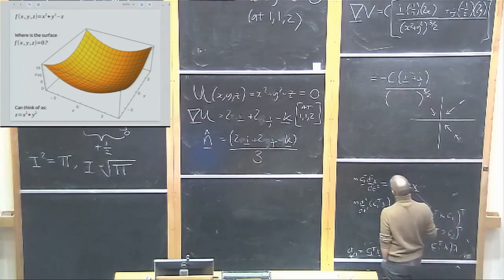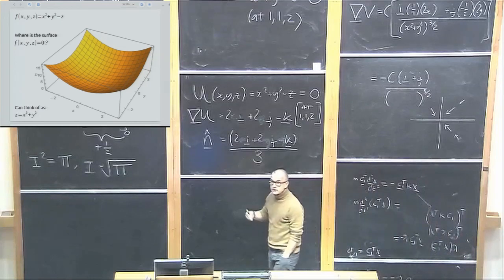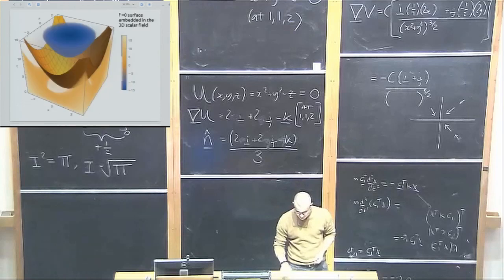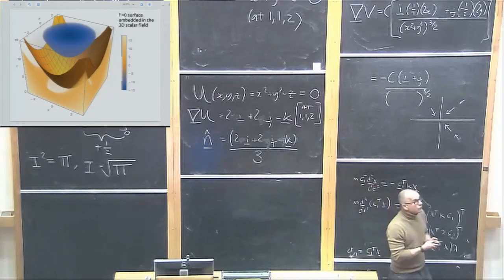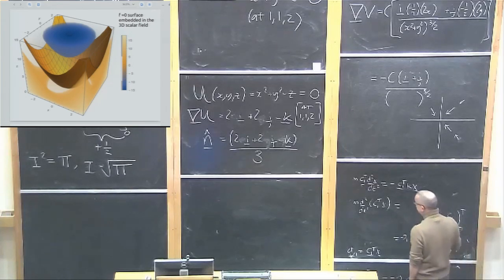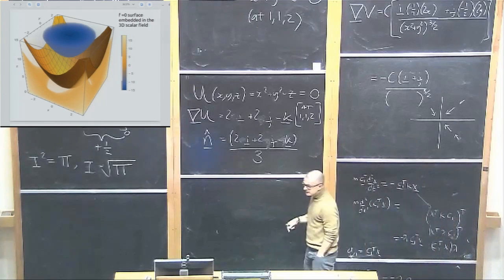So that's what that two-dimensional surface looks like, which is a surface in the three-dimensional scalar potential. And if I plot that on top of my scalar potential, this is what it looks like. Again, the colour scheme is the scalar potential, and this surface corresponds to this scalar field equaling 0.